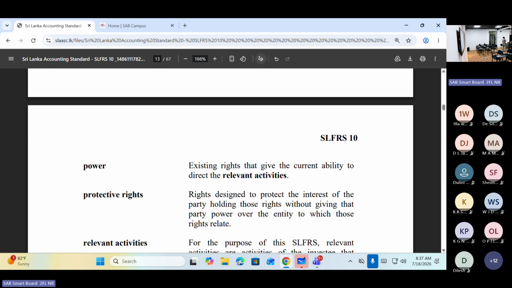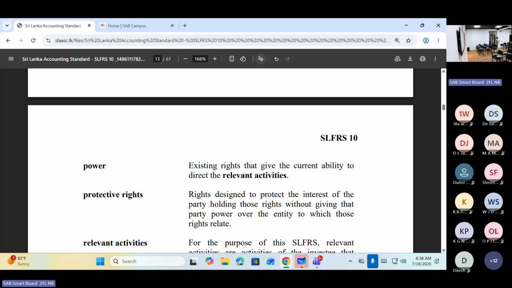The consolidated financial statement, what's the definition? It's a set of financial statements for a group. It will combine income, expense, assets, and liabilities of a parent and a subsidiary into one single economic entity. That is called a consolidated financial statement. Then we understood what the group is and what the subsidiaries are, and the definition of control over the investee.